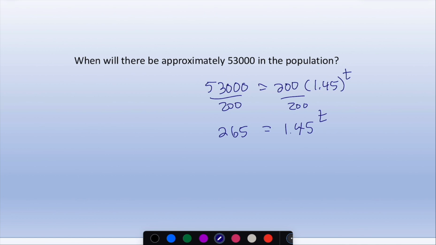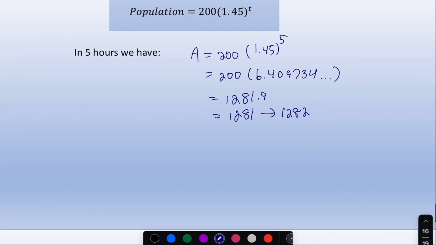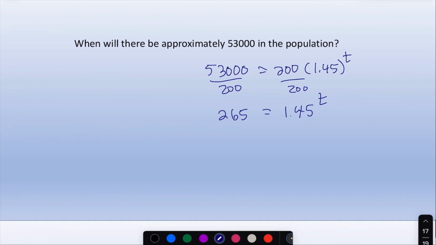You can start estimating. Remember, 1.45 to the fifth power gave us 1282. So, try to the 10th power. Is that too much? It's not too much. How about 20? 20 is more than we want.